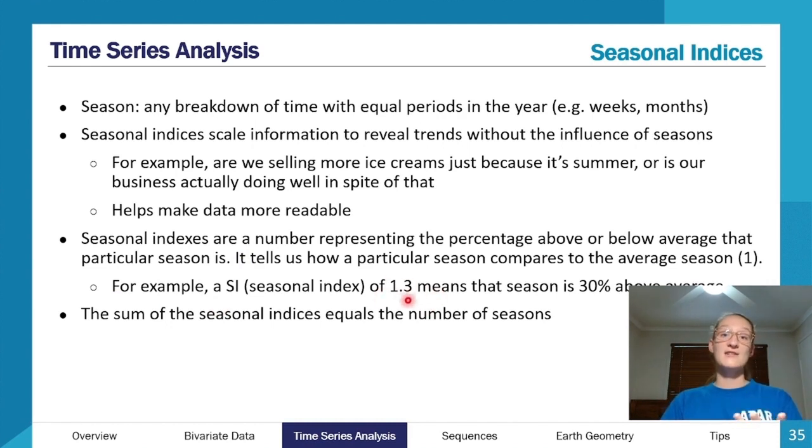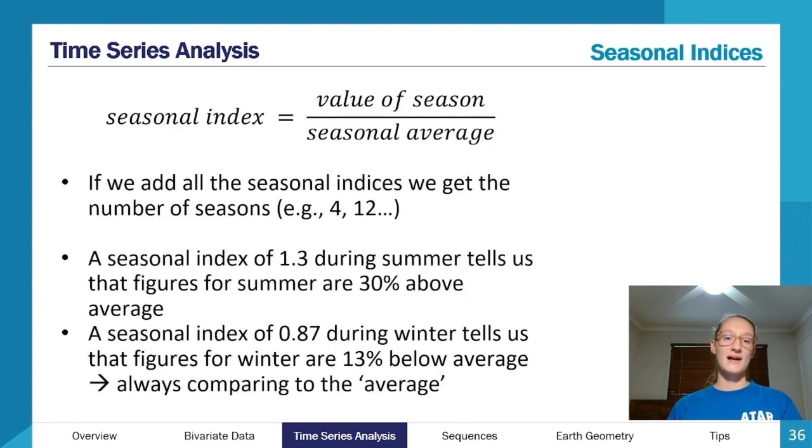So a seasonal index of 1.3 means that season is 30% above average. If the seasonal index for summer ice cream sales was 1.3, that means ice cream sales in summer are 30% above average. So it's really important to keep in mind that when we're interpreting seasonal indices, we're always coming back to what the average actually is.